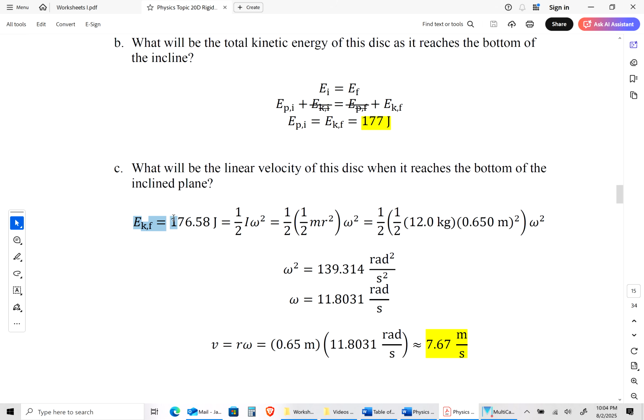So kinetic energy final is equal to 1/2 I omega squared. For a disk, I is 1/2 mr squared.